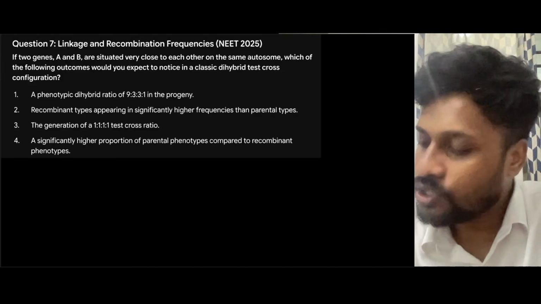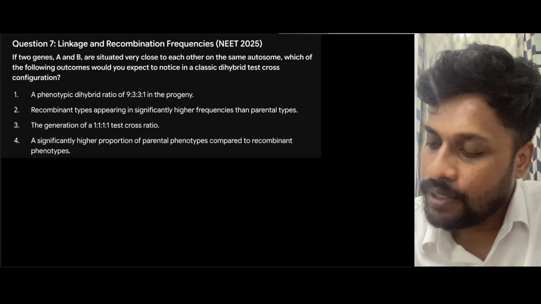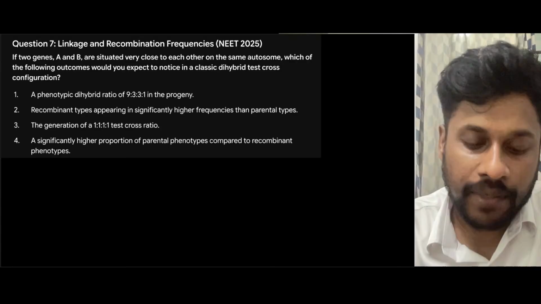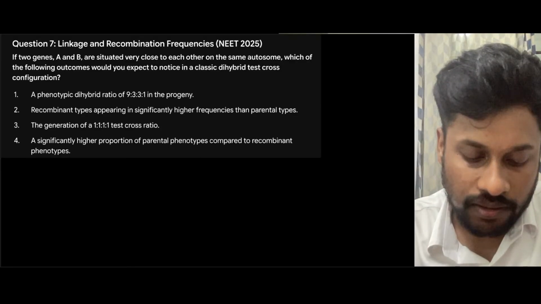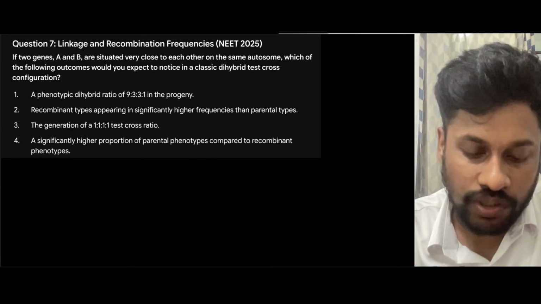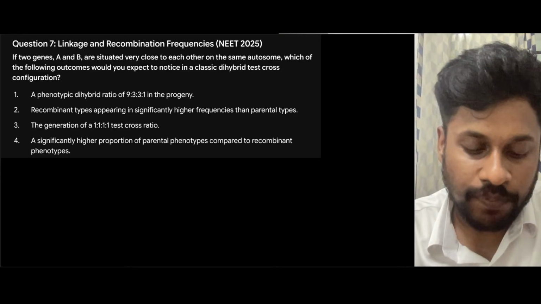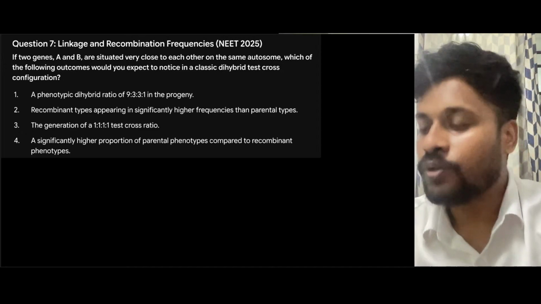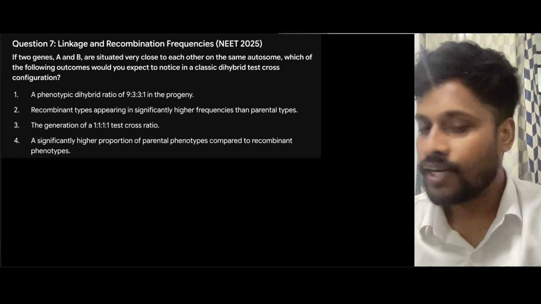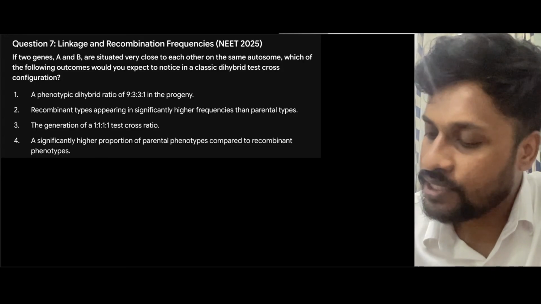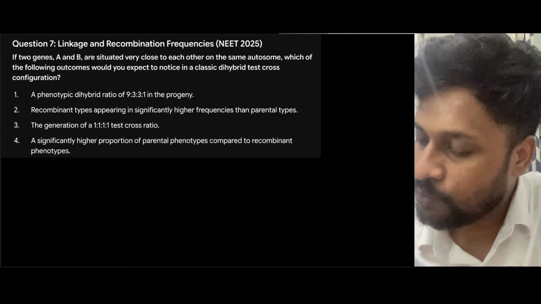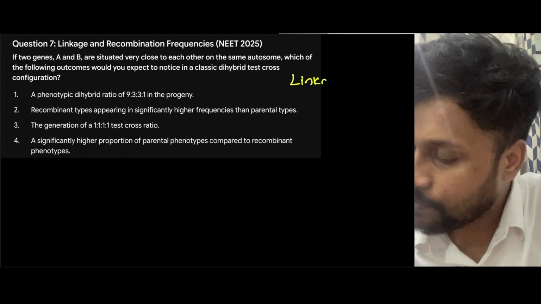So here they have mentioned that two genes are present on the same chromosome, right? If two genes are present on the same chromosome, you know that there will be a process called linkage.